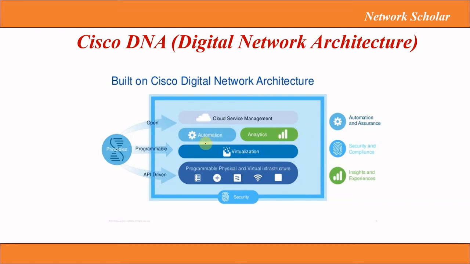It provides automation, analytics, virtualization, and security. The most important capability that Cisco DNA has is security. So how does Cisco DNA provide the security? One of the most important components that we have in Cisco DNA is Cisco ISE, and Cisco DNA is integrated with ISE.